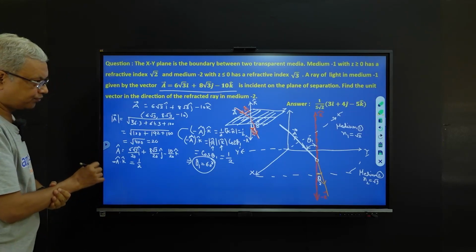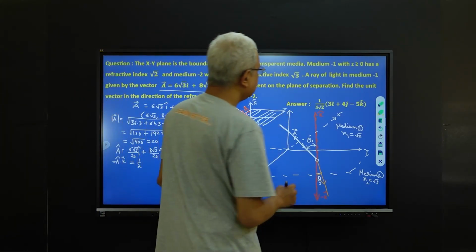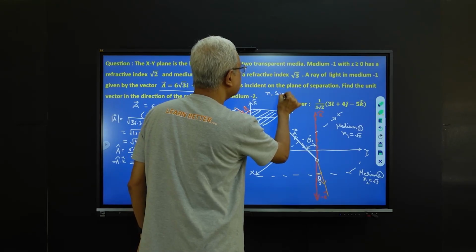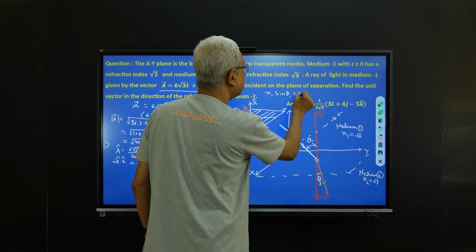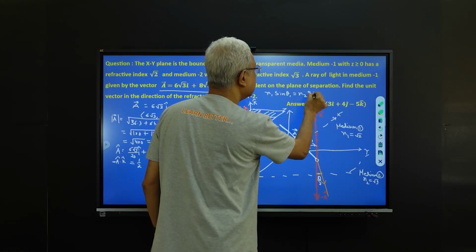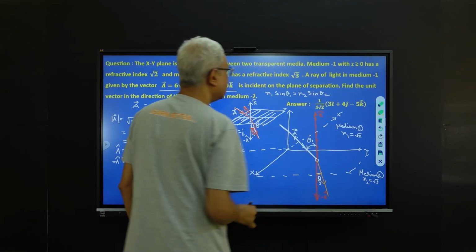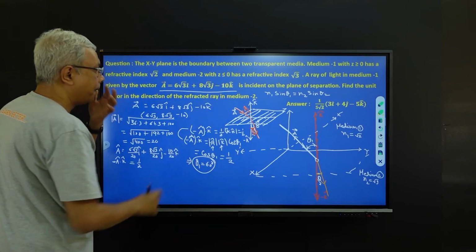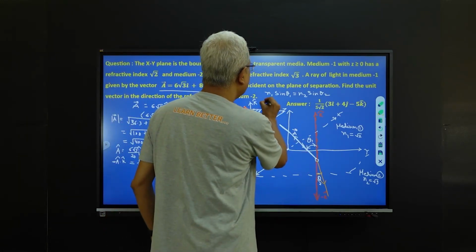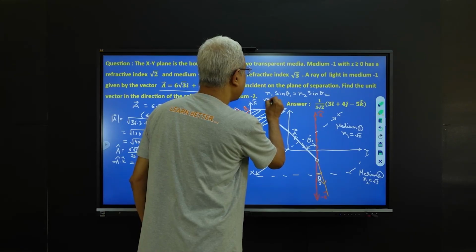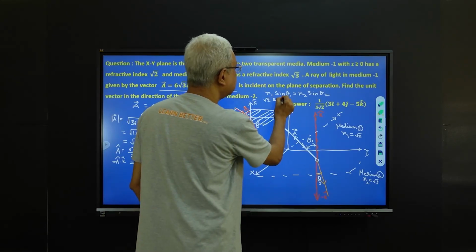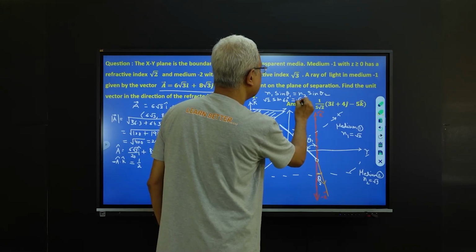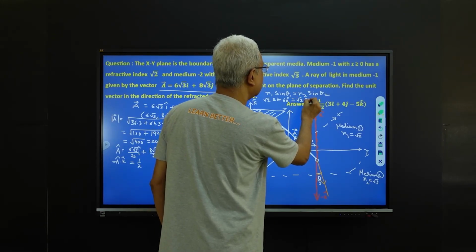Now we know Snell's law, which is n1 sin theta 1 is equal to n2 sin theta 2. So n1 is how much? n1 is root 2. Therefore, root 2 sin 60 degree is equal to root 3 sin theta 2.